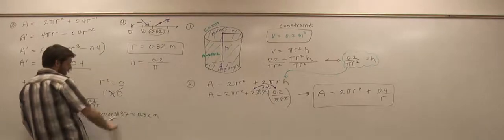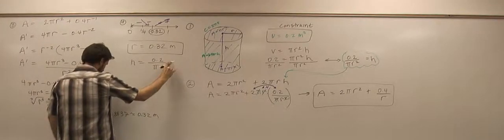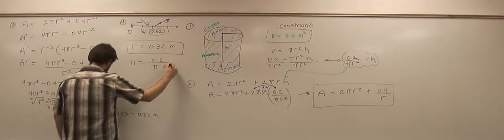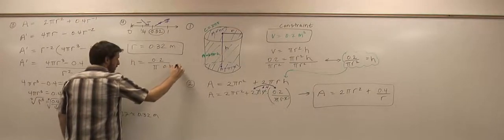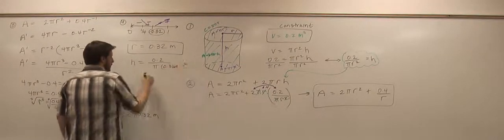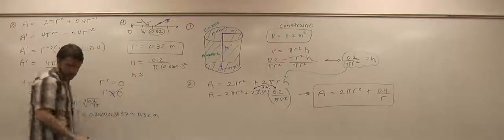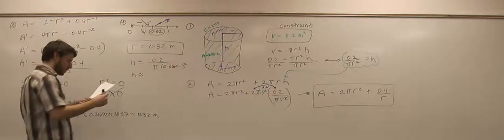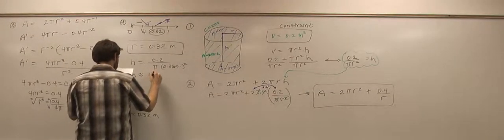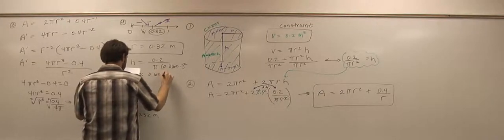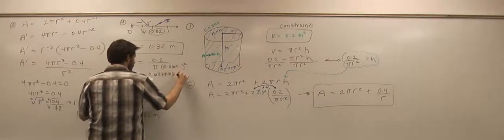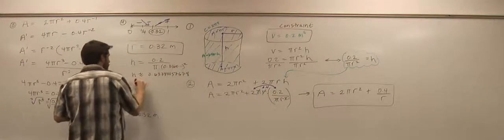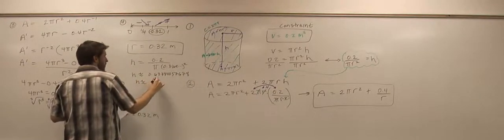So I plugged in this guy, 0.3169 etc., and I got 0.6338405767, approximately 0.6.